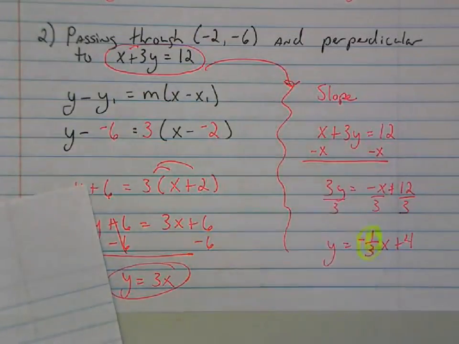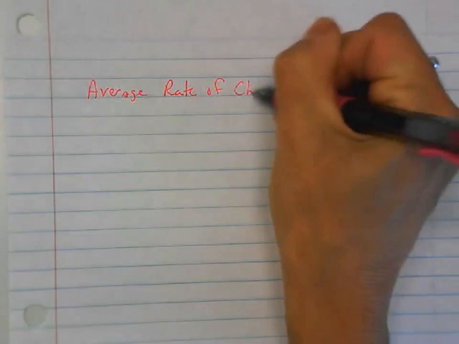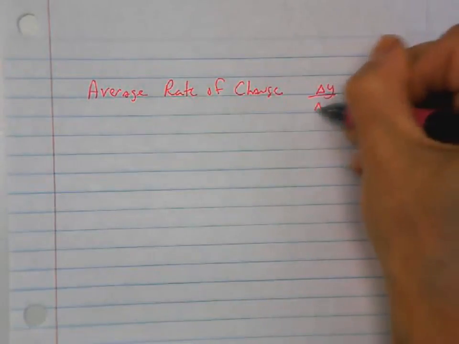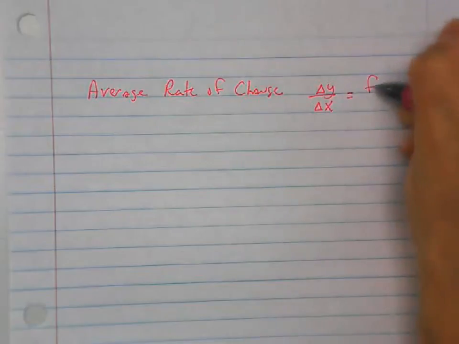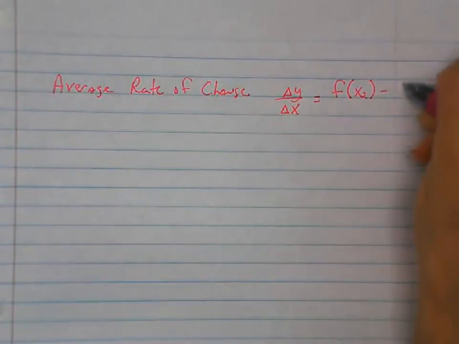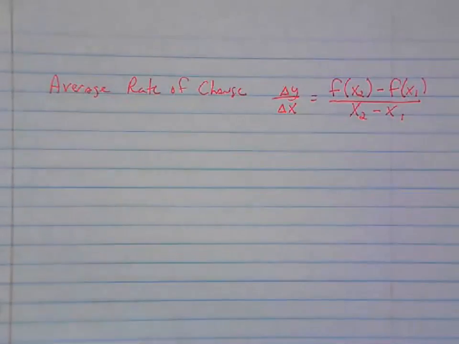So remember that it's going to be rate of change, so we're going to talk about average rate of change, which is the change in y over the change in x, which is going to look like f of x sub 2 minus f of x sub 1 over x sub 2 minus x sub 1. Alright, it looks super intimidating. I get it. Okay, so take a deep breath. It's not as bad as you think.